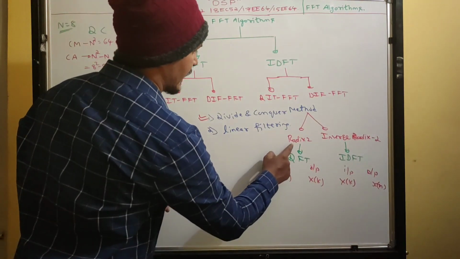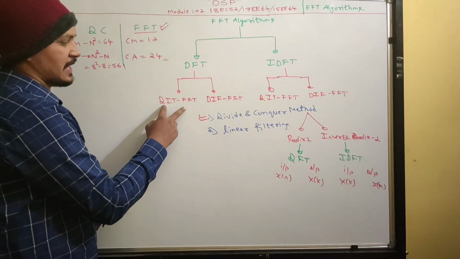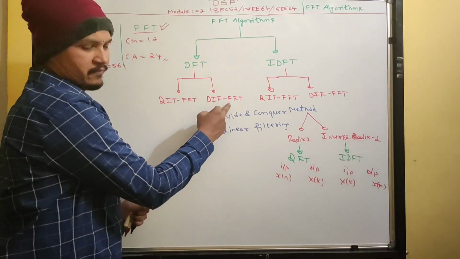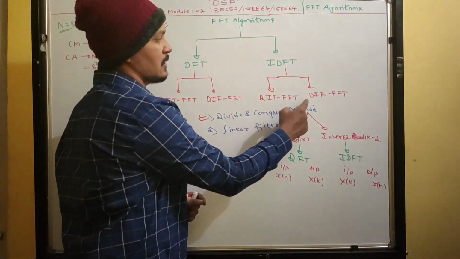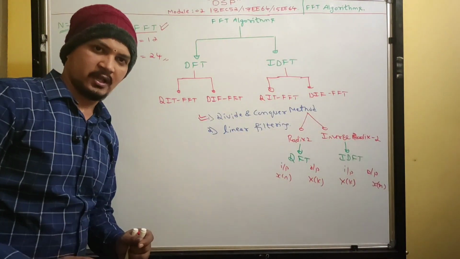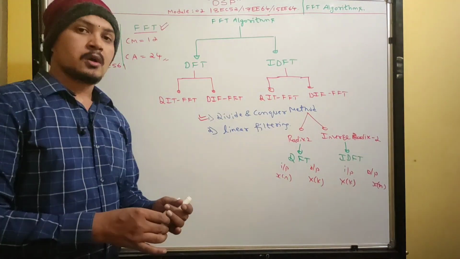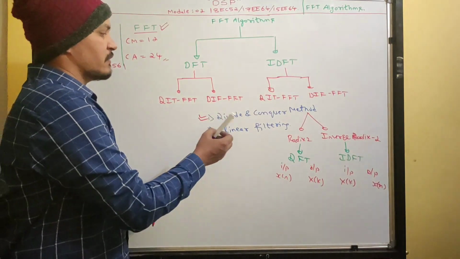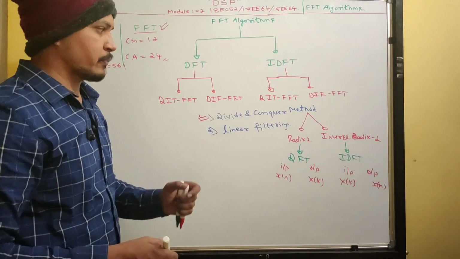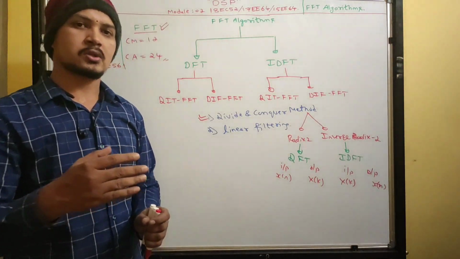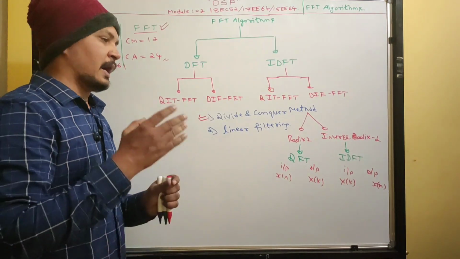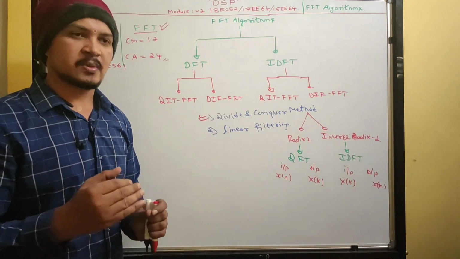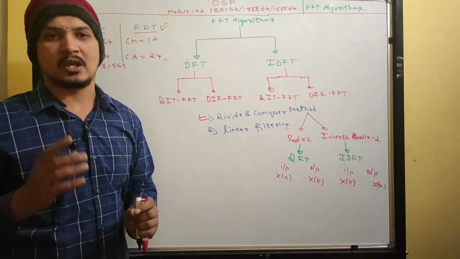In radix 2, we have two methods, DIT-FFT and DIF-FFT. In inverse radix 2 also we have two methods, DIT-FFT and DIF-FFT. The divide and conquer method or approach is also given as the signal flow graph method in some books, and some other authors specify butterfly computations.